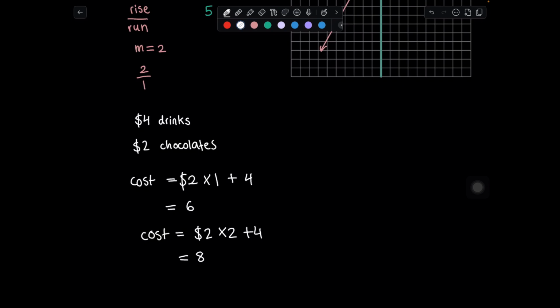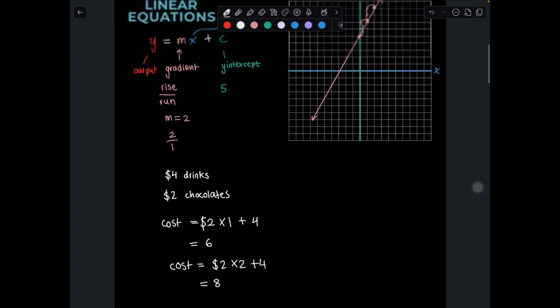Okay, so we can make an equation out of this. And I'll color code it again so you can see. So our cost is red, so that's our y value. Our $2 for the chocolates is our gradient. Our x is the number of chocolates that we buy.